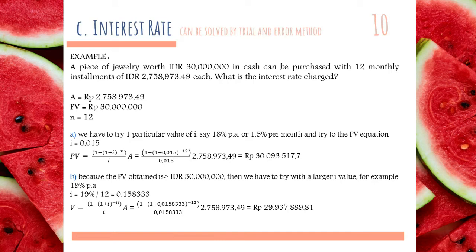Because the PV is bigger than 30 million, we have to try with a larger i value, for example 19% per annum. So the i is 1.58333 percent. Sorry, this is the present value. So we get the present value of i at 19% is 29 million and so on.